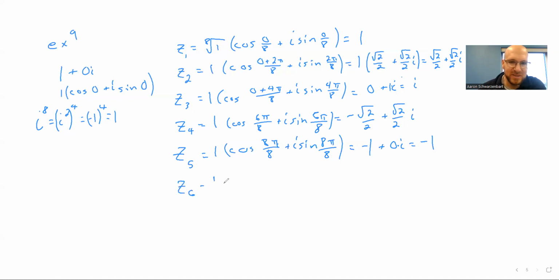Z6. Now I'm up to 10 pi over 8, or 5 pi over 4. Cosine of 5 pi over 4 is negative square root of 2 over 2, minus square root of 2 over 2i. Not plus, minus. The sine is negative square root of 2 over 2 now.